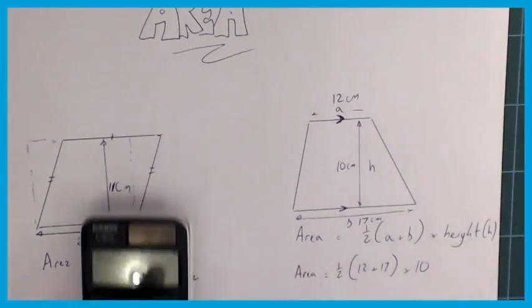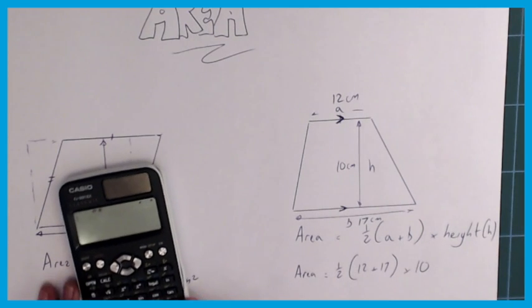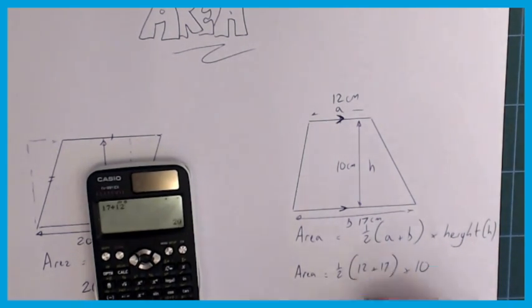Let's grab our calculator. 17 plus 12 equals 29.